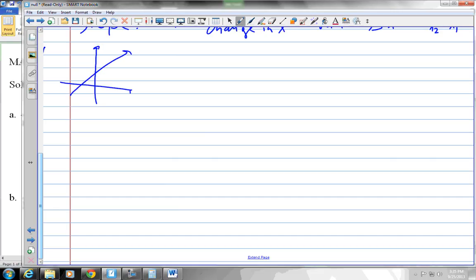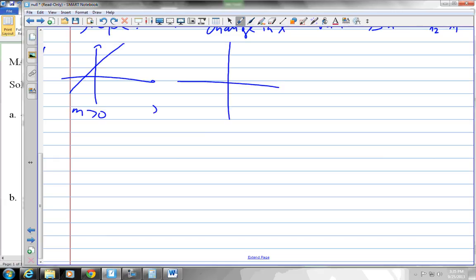these are positive slopes. This is positive slopes. These are negative slopes. Horizontal lines, slopes equal 0. So those don't usually have x-intercepts. They're most likely going to be parallel to the x-axis.